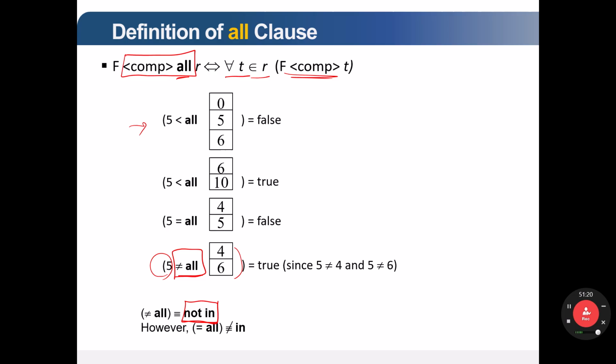Okay, so equal some is equivalent to the in operator, and not equal all is equivalent to the not in operator. Is it clear? Good.